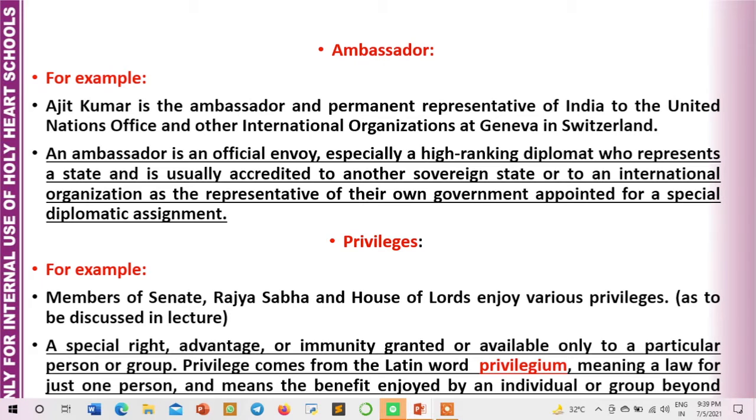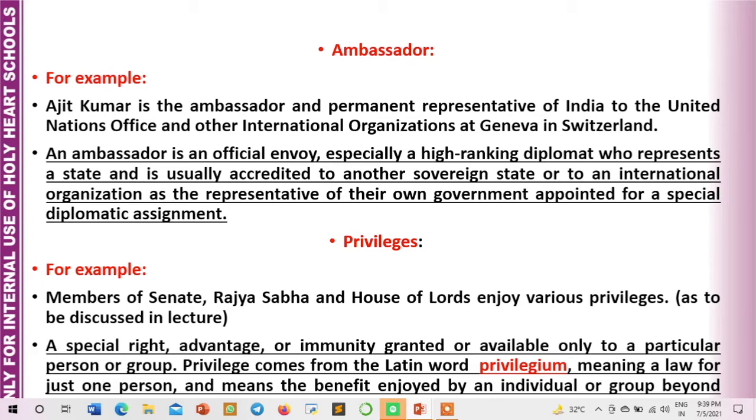You know which agencies of UNO have their offices at Geneva in Switzerland? You have done in detail in class 10th also. Come on, tell me. Yes, that's WHO, means World Health Organization, and ILO, International Labour Organization.